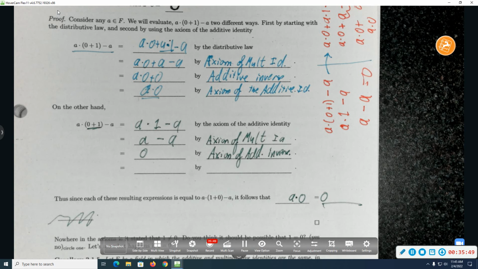Groovy. So I think I have enough time to do one more thing. Is 1 equal to 0? Better not be. I imagine it's something we should prove. Yeah, probably. Okay.